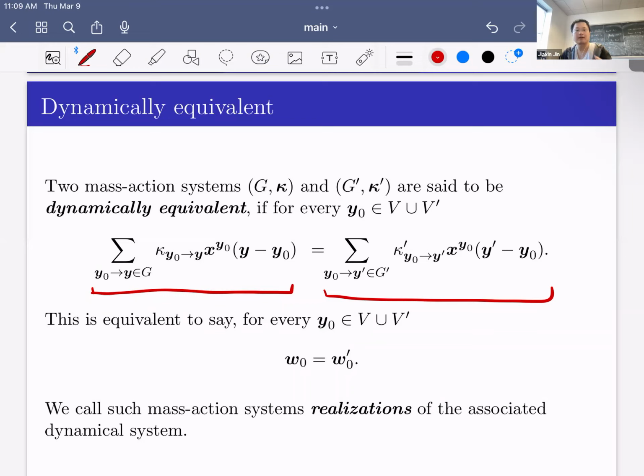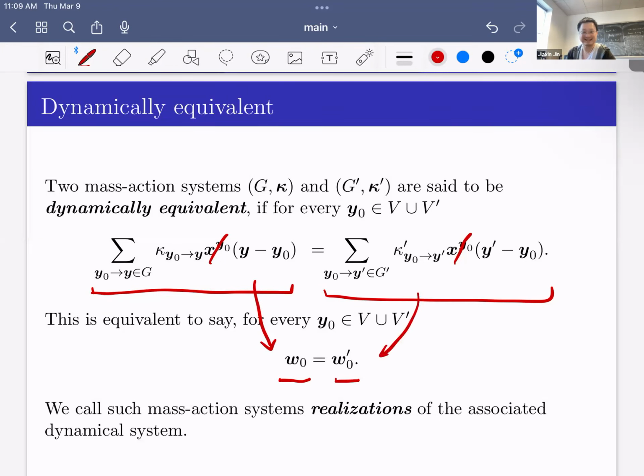And moreover, since it is equalities on just vertex y0, of course, following the mass action kinetics, you can cancel these terms. After cancellations, you will find that in order to say two mass action systems are dynamically equivalent, it is equivalent to say this new left-hand side equals the right-hand side, and we can translate this into the language of the net reaction vectors, which is this.